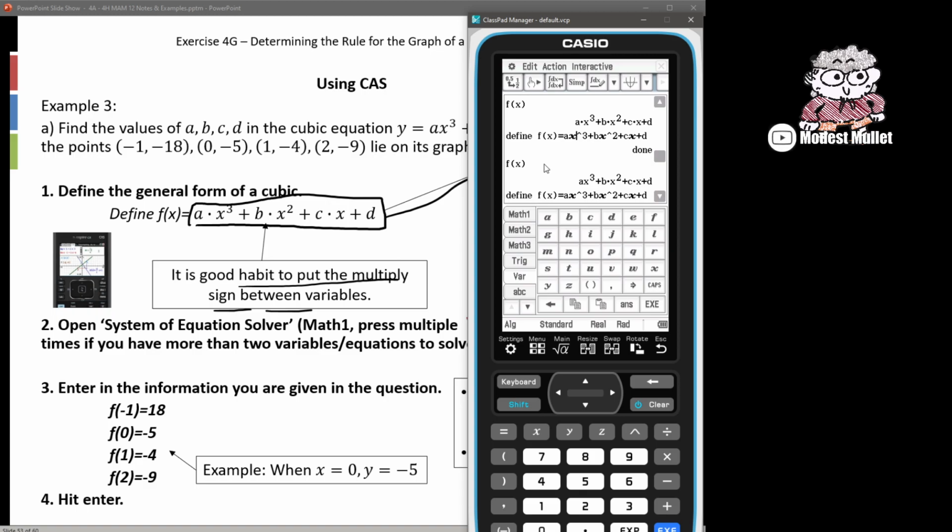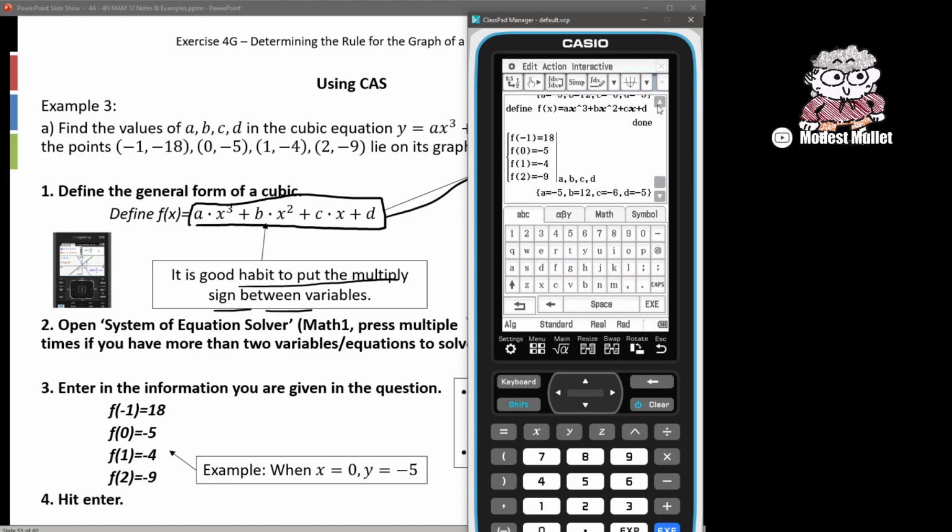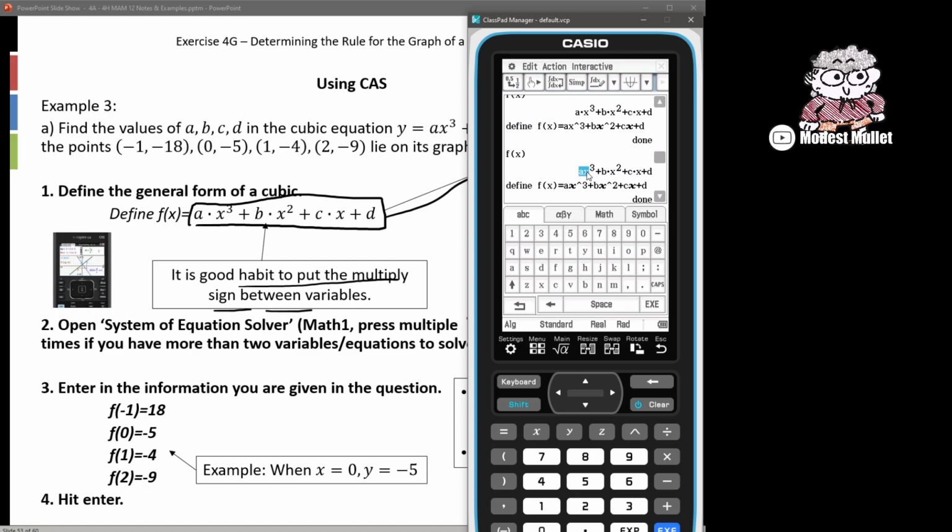So when I used it there, it was fine, but when I did AX, I used both the letter A and the letter X, and if I hit enter, come back up here, you can see in this bit here, it doesn't put the dot between the A and the X, it's reading that as a single variable.